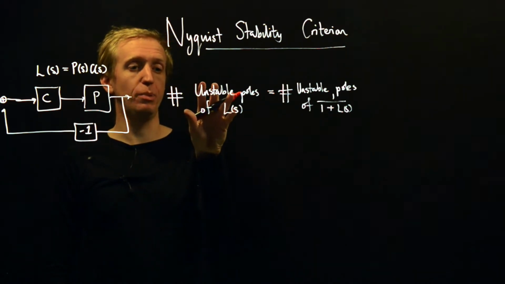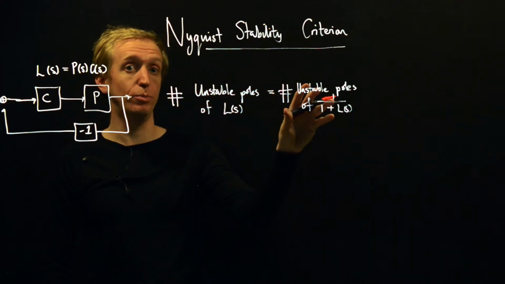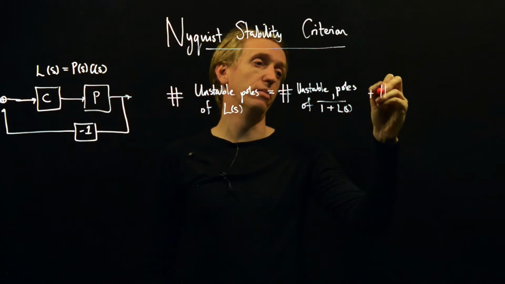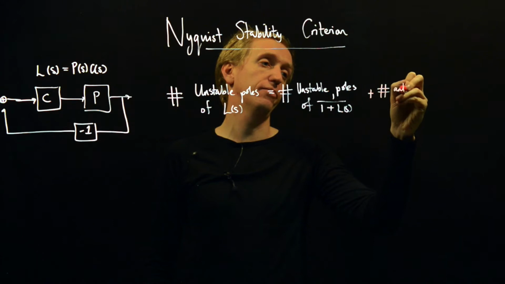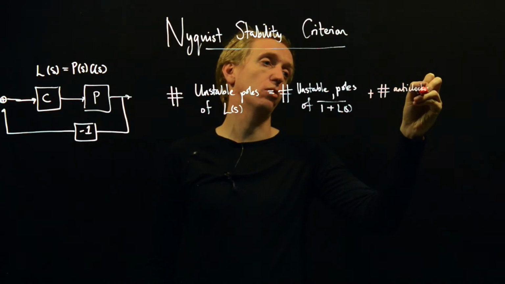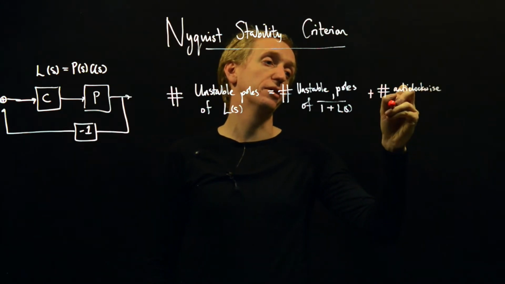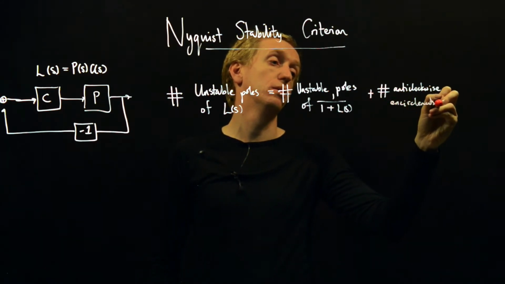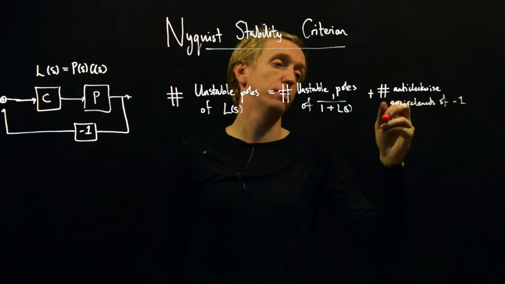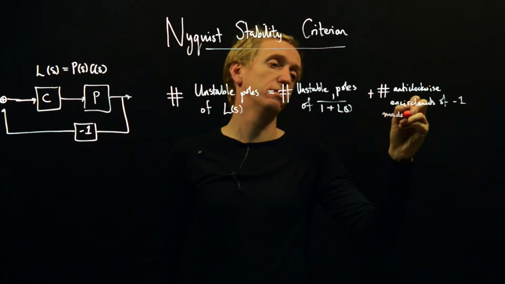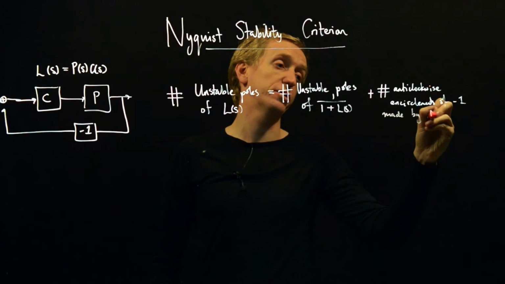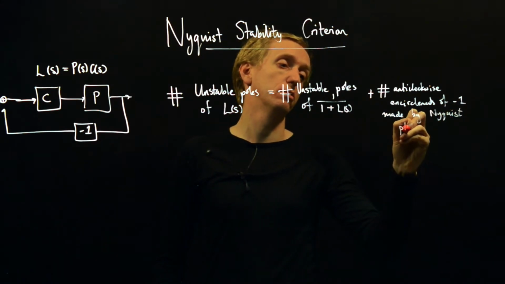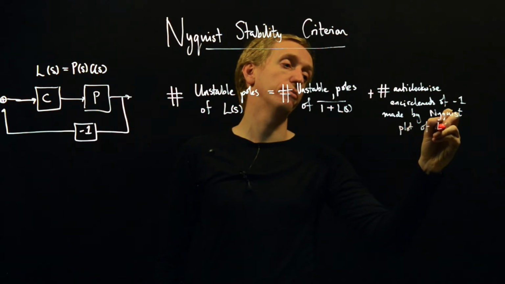So the number of open loop unstable poles is equal to the number of closed loop unstable poles plus the number of anti-clockwise encirclements of -1 made by the Nyquist plot of L(s).